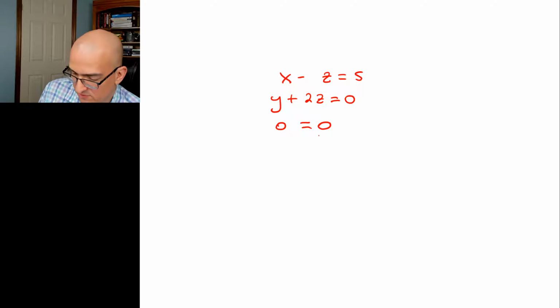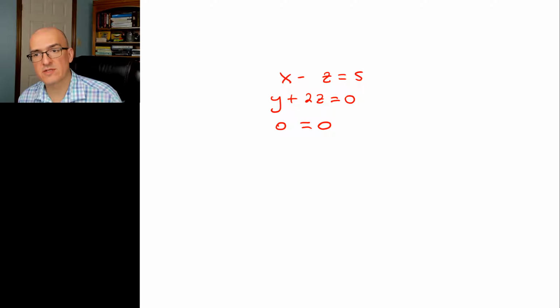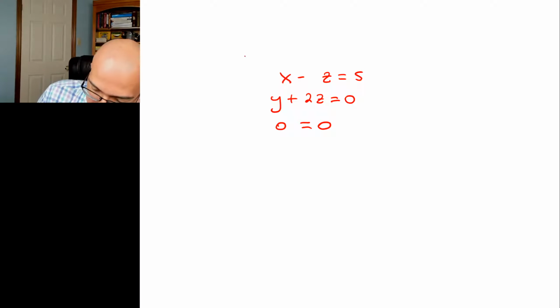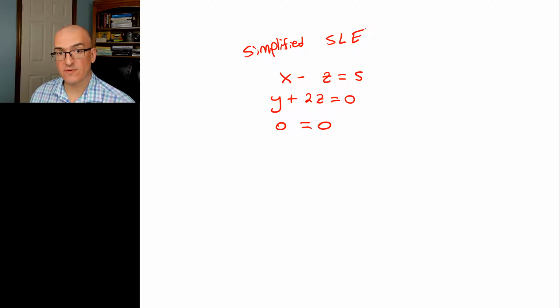And 0 is equal to 0. Those were our 3 elements in our reduced system of equations, or simplified SLE. And we identified that we could not take this any further. It was not possible to further simplify this.